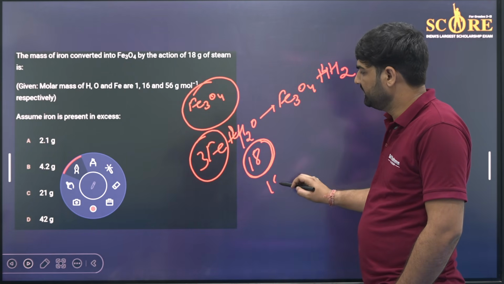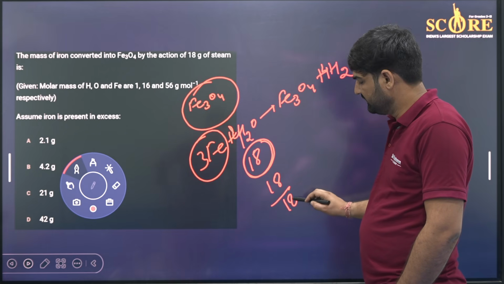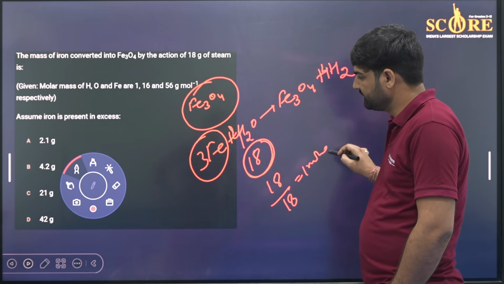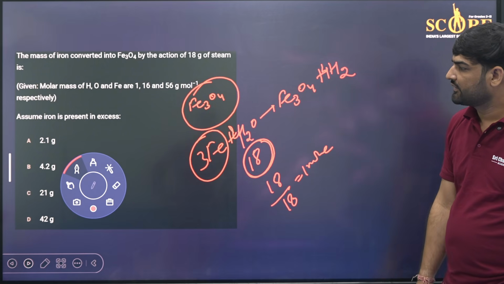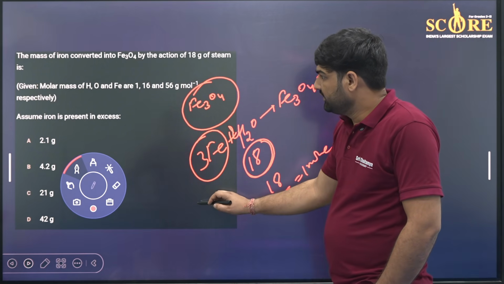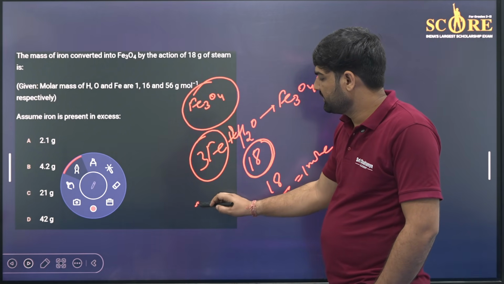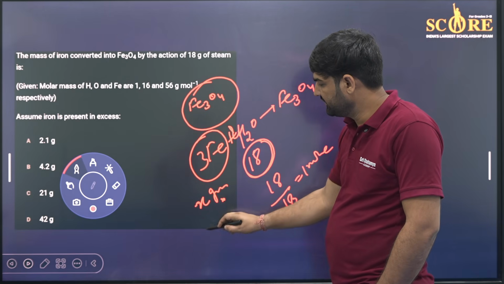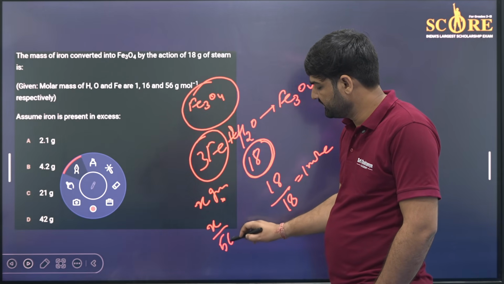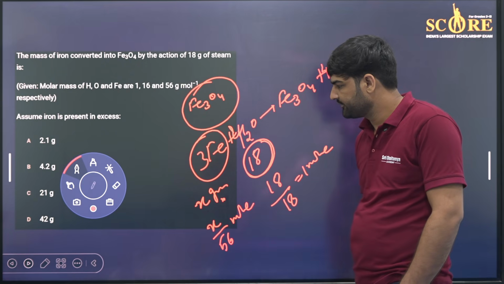Now you can say 18 divided by 18, this will be 1 mole of steam. Now I assume that the mass of iron is x gram, then x upon 56 is the moles of iron.